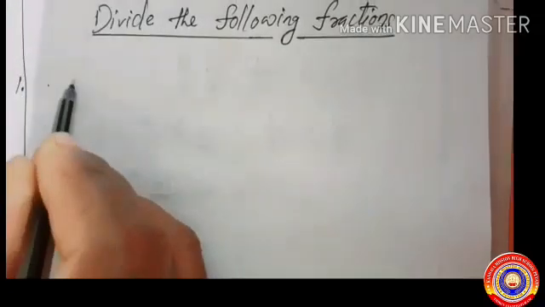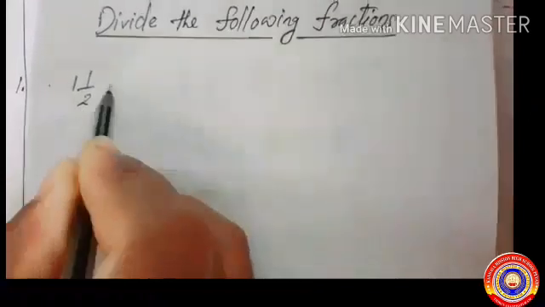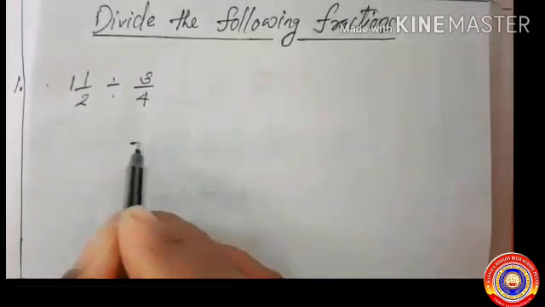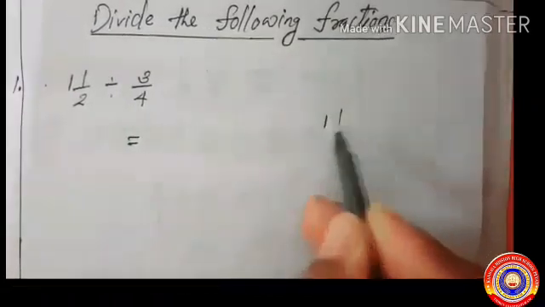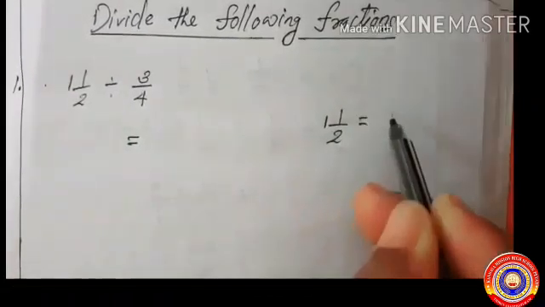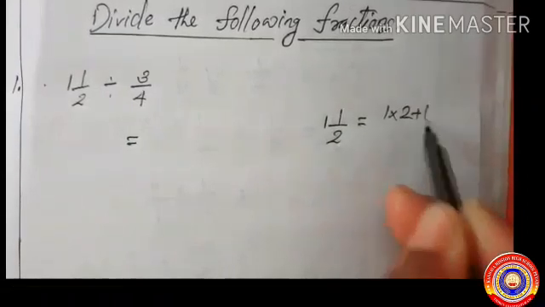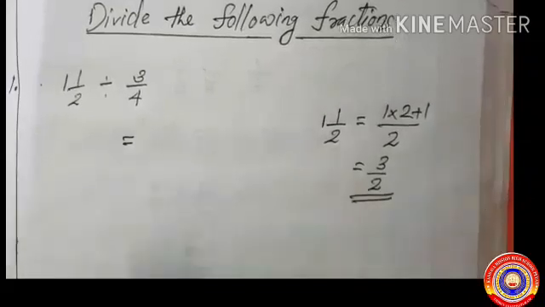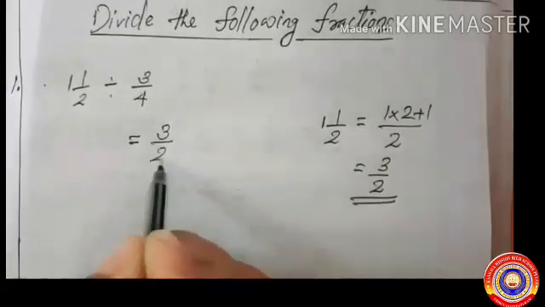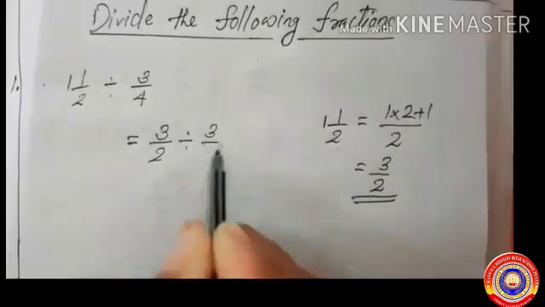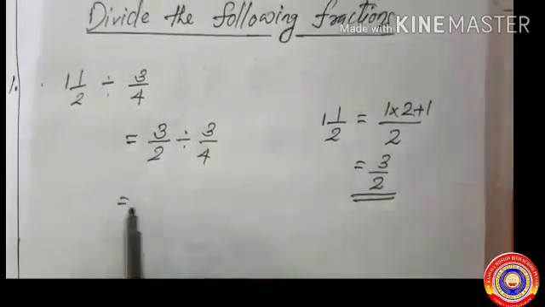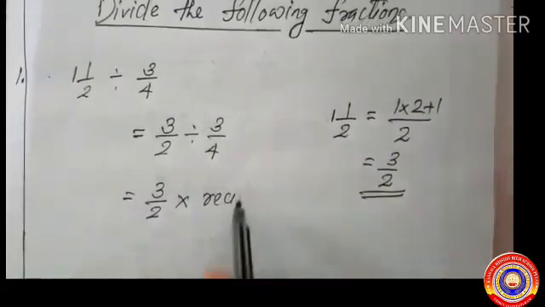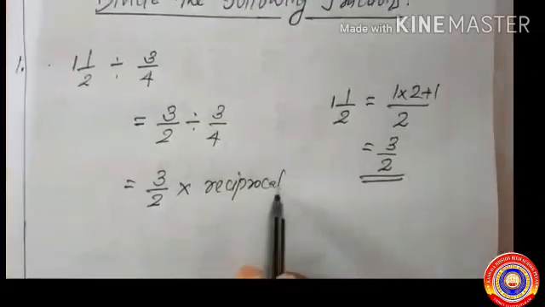Students, let's do some problems. First one, 1 and 1 by 2 divided by 3 by 4. We know that 1 and 1 by 2 in improper fraction becomes 3 by 2. Then 1 and 1 by 2 divided by 3 by 4 is equal to 3 by 2 divided by 3 by 4. 3 by 2 into reciprocal of 3 by 4.